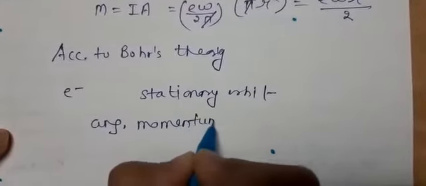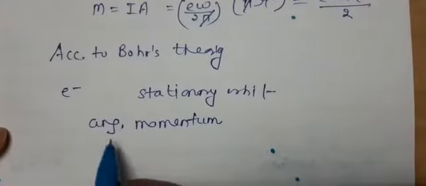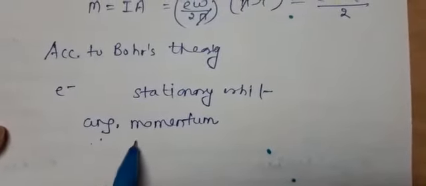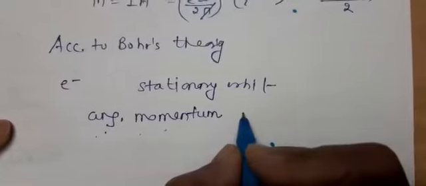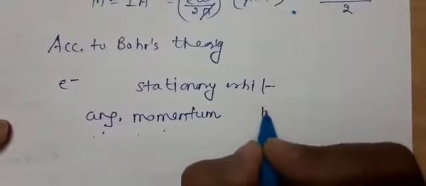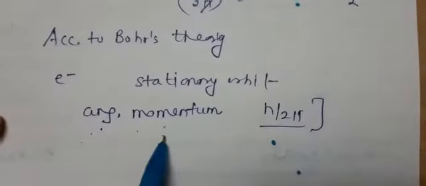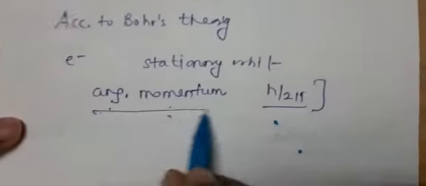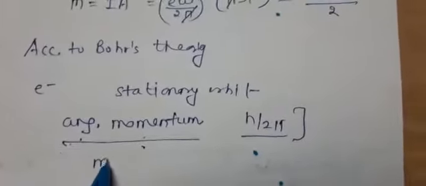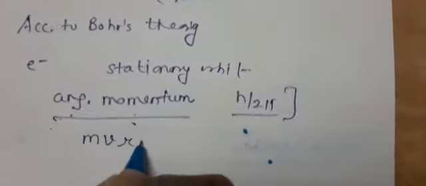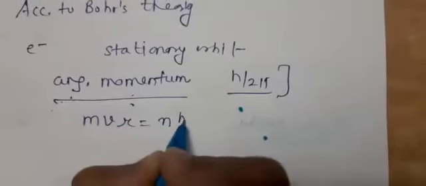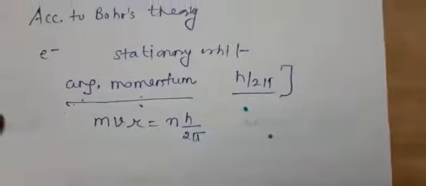You have learned this condition in chemistry also. So how can we write it as a statement? The angular momentum m v r is an integral multiple of h upon 2 pi.